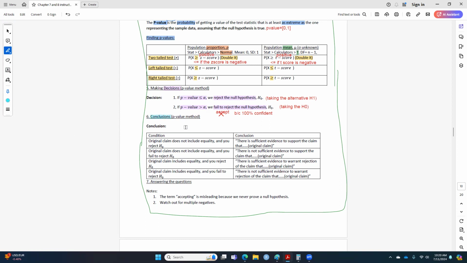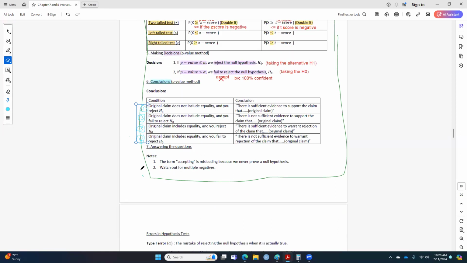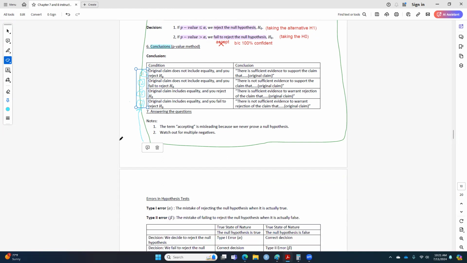In order to draw the conclusion, there are 4 different conclusions you can use: conclusion number 1, number 2, number 3, or number 4. If you read through the conditions, it's a lot of work, so I'm going to draw a flow chart showing how you make this conclusion, that is, whether it is number 1, 2, 3, or 4.